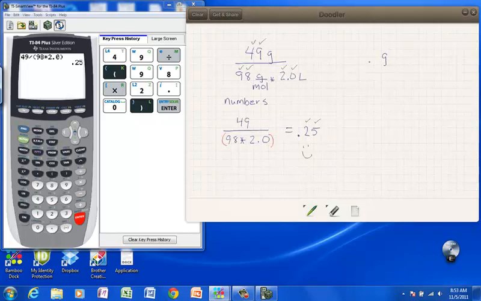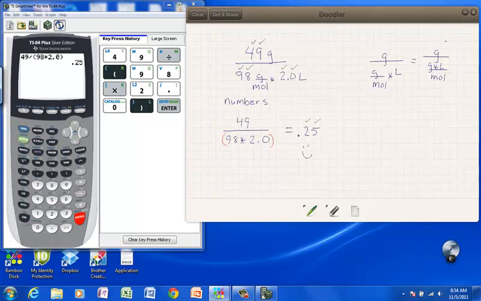We've got grams divided by grams over moles times liters. Okay, well that's the same thing as grams over, and we'll just make a single fraction on the bottom, grams times liters. Now there's some students who are doing some canceling at this point and then not quite sure how to write their final units.